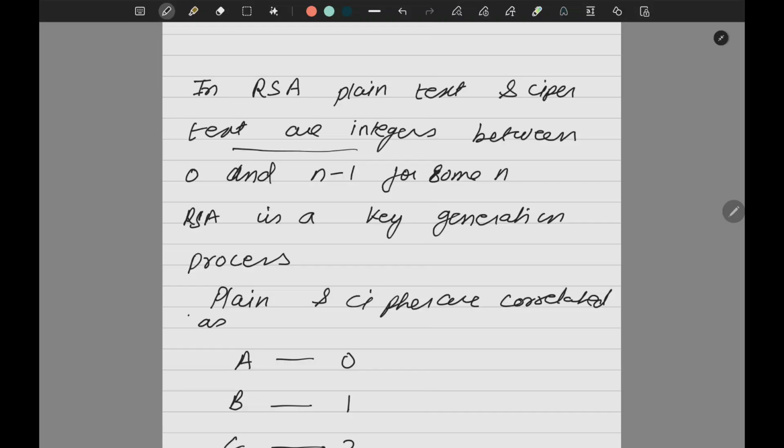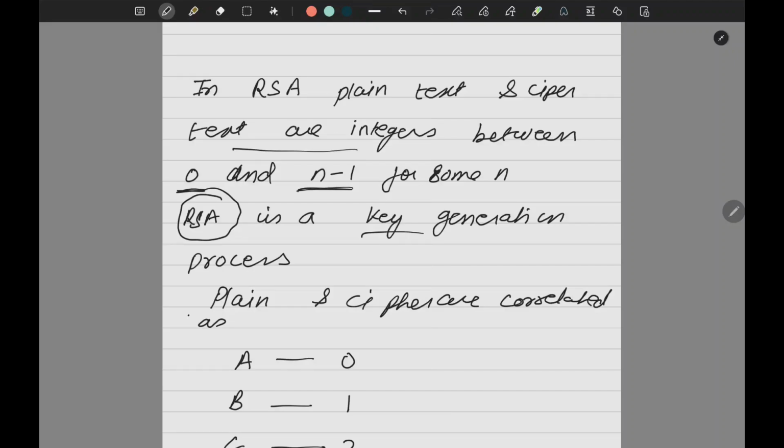Whatever plain text I am giving will also be a number, like our OTPs. They will be numbers between 0 and n minus 1, for some n. RSA is a key generation process. So basically I will be generating a key, and it is a process.